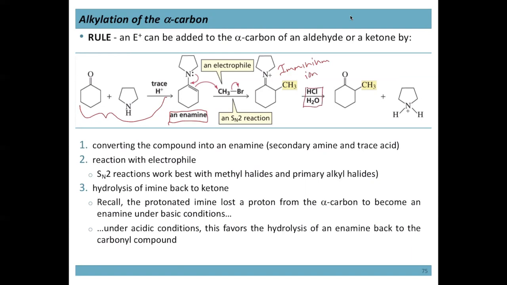Back in the aldehyde and ketone chapter, when we have imines and we add acid and water, that water will eventually drive in there and kick off that secondary amine, and we get back the carbonyl.